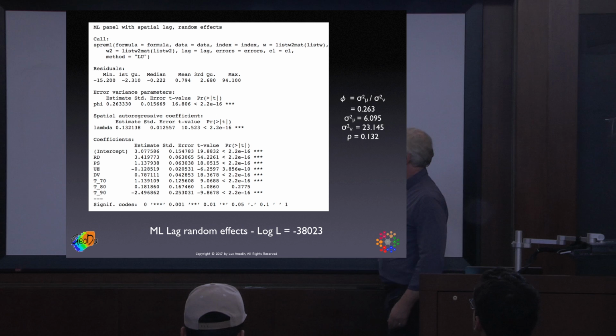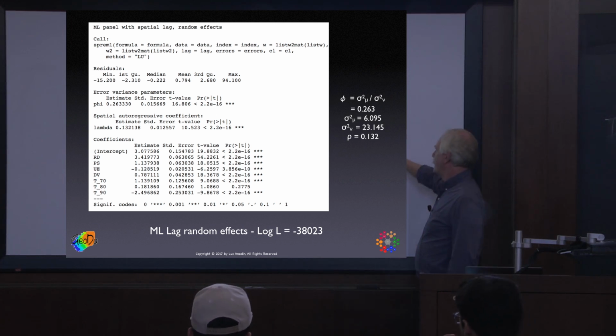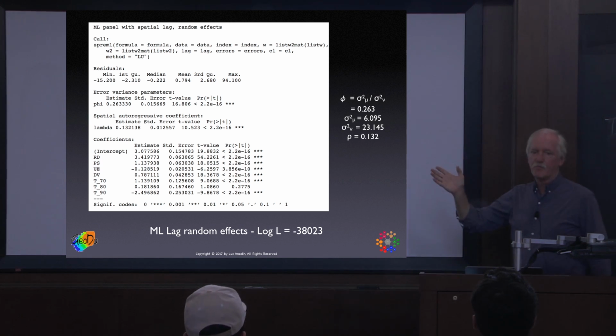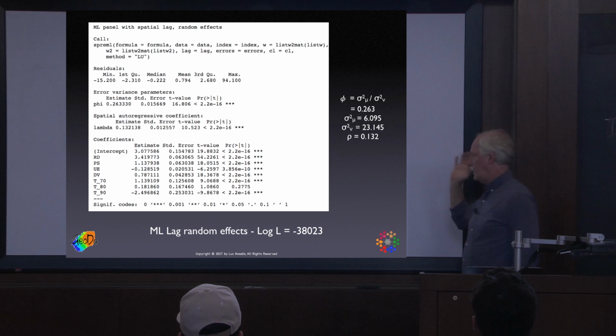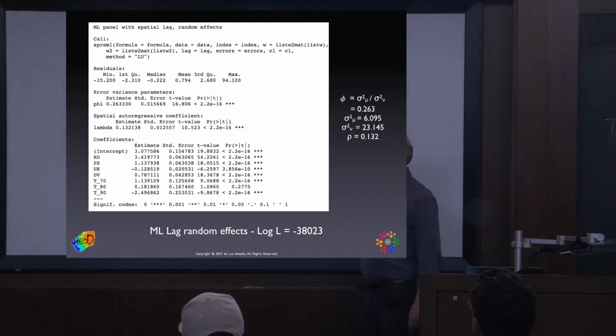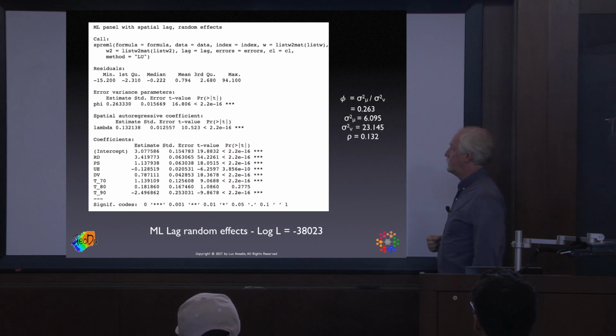And so this is an example of the estimation. The terminology is a little bit off for one reason. I don't know why they started calling rho lambda and lambda rho, but whatever. I'm sticking to my notation. So rho is the autoregressive coefficient in the spatial lag model. It's maximum likelihood, so you have, they call it lambda, but that's really rho. So they have everything, standard error, asymptotic standard error.